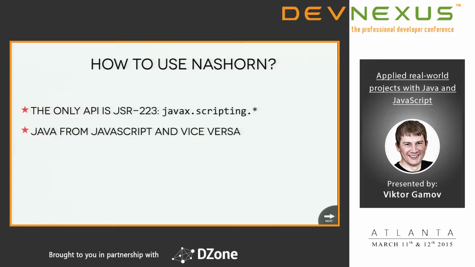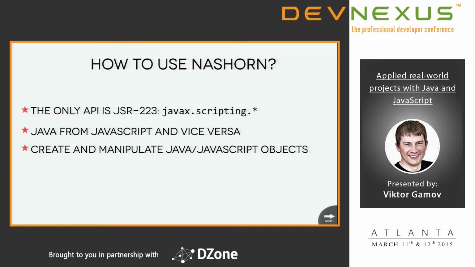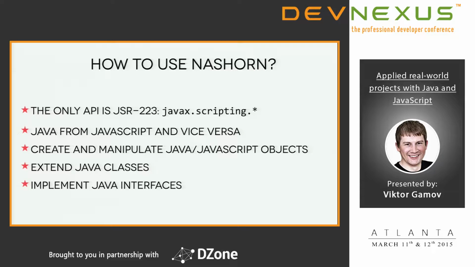With Nashorn, you can read Java objects inside the JavaScript scripts. You can write JavaScript objects inside your script. All these things can be done. You can create instances of Java classes from the script. You can implement or extend Java classes and implement interfaces.